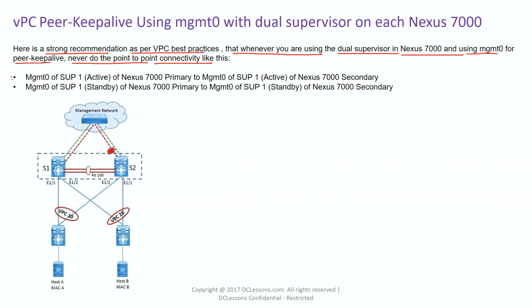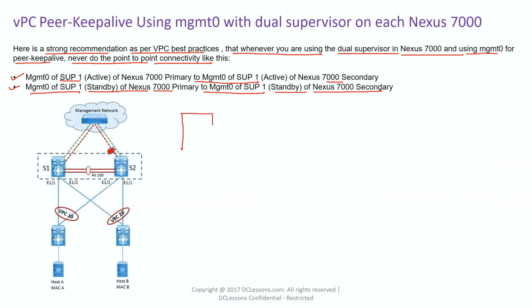Like management 0 of supervisor 1 should not be connected to management 0 of supervisor 1 of Nexus secondary. Second, the management 0 of supervisor 1 standby of Nexus 7K to management 0 of supervisor 1 standby of the Nexus 7K secondary.